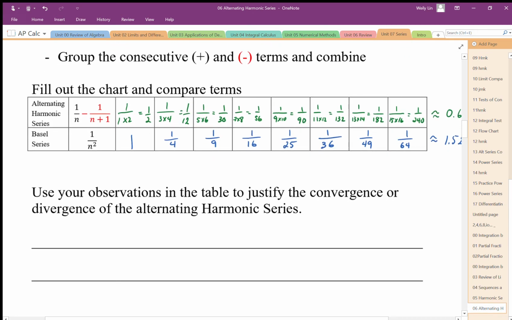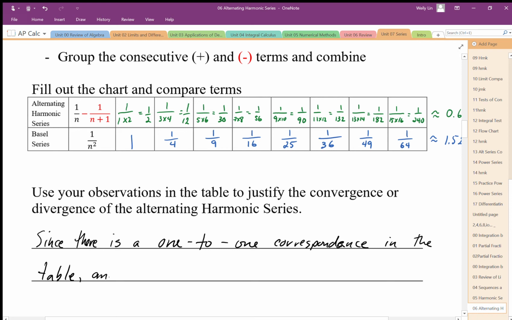So what we can then say, based on the observations here, is that there is a 1-to-1 correspondence in the table, and this continues infinitely.